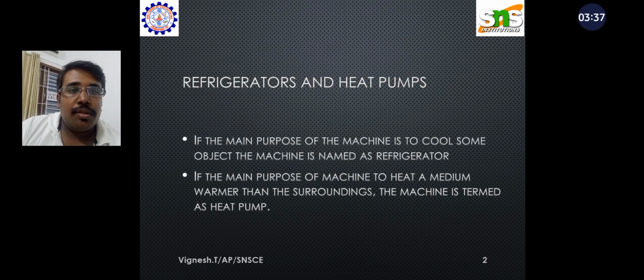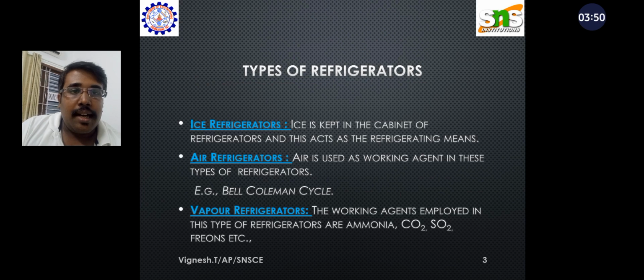So the machine whose main purpose is to cool some object is called a refrigerator, and the machine whose main purpose is to heat a medium warmer than the surroundings is called a heat pump, as we already discussed. And types of refrigerators: ice refrigerators, air refrigerators, and vapor refrigerators. In an ice refrigerator, the ice is kept in the cabinet and acts as the refrigerating means.